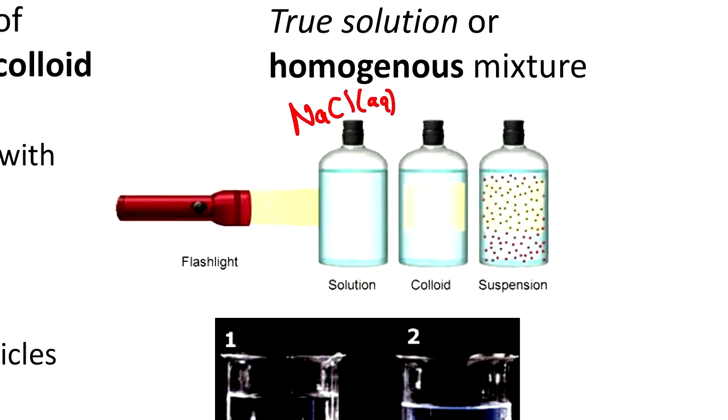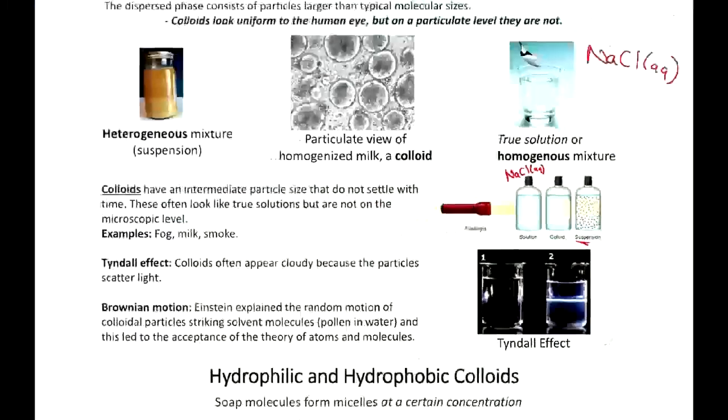Those are too small for light to scatter. But on the flip side, if we look at a suspension, a heterogeneous mixture, where there are solid particles floating around, if you shine light on it, those solid particles will scatter the light, and you'll see the little solids floating down to the bottom, okay? So that really distinguishes a solution and a suspension: light will not scatter in a true solution at all, because the particles are too small. All right, that's what we learned in 1210.